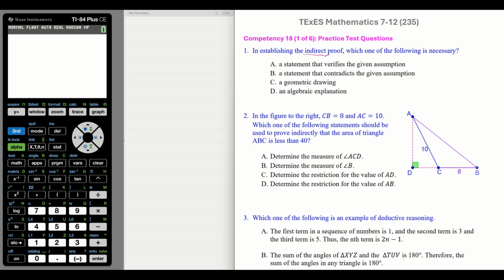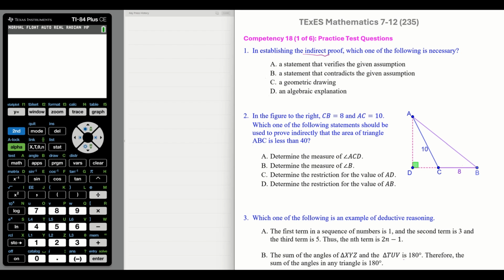I'm saying my cat is black. So a contradiction might be saying my cat is any other color, not necessarily white, but my cat could be brown. So you start with something that it is not.